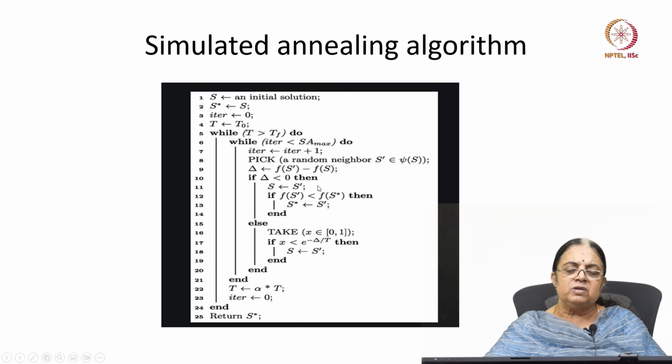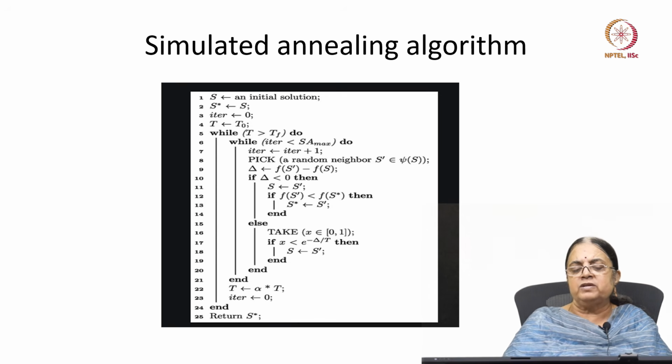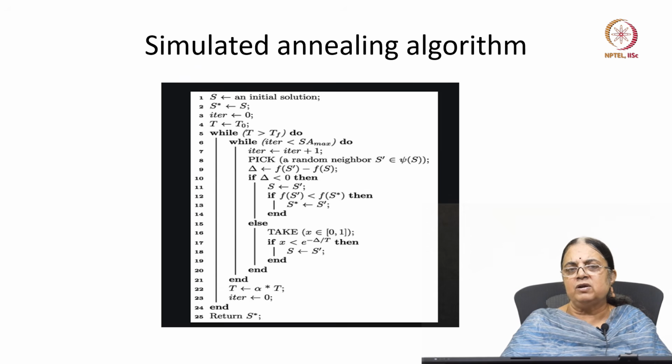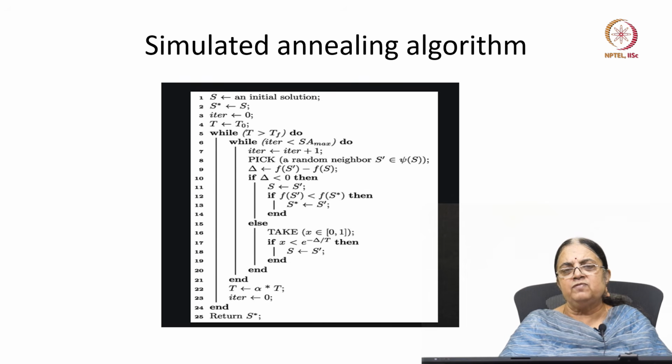So here we can see that we are not using any population, we are just using one current solution and finding one neighbor at a time. So what you need to store here is much less. In Tabu search, we had to store a number of neighbors, and in the genetic algorithm, we had to store a population of solutions.